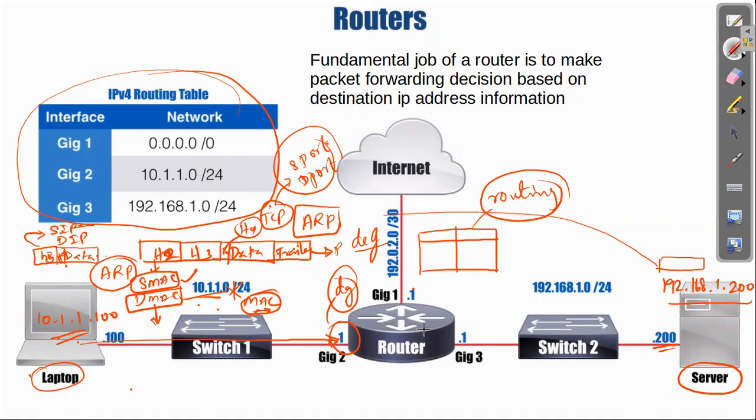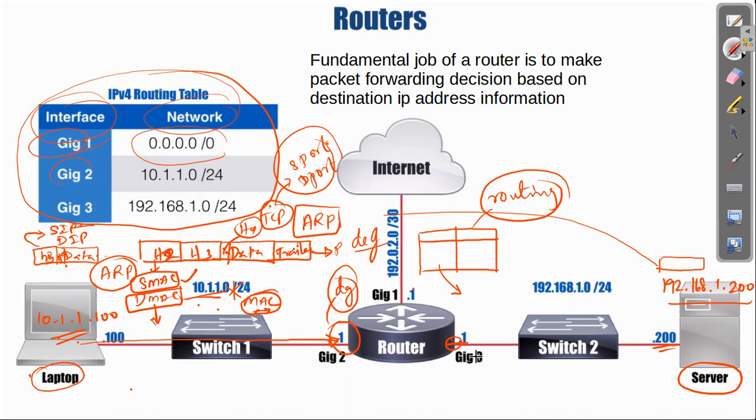Beyond that, it cannot, because the router has to examine the destination network and find the exiting interface. The routing table has the details of which network is connected to which interface.